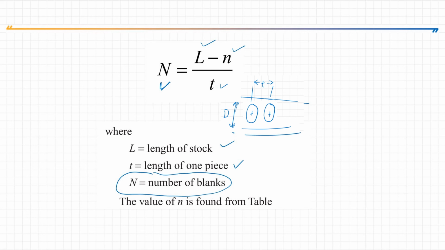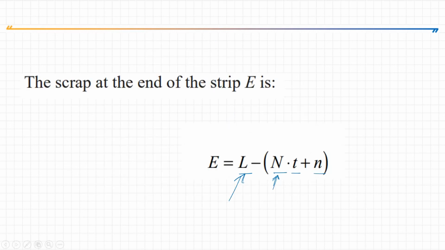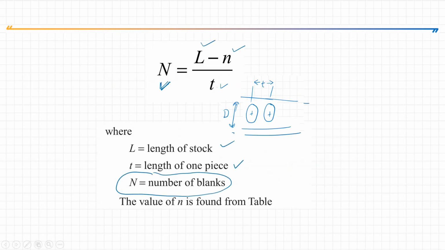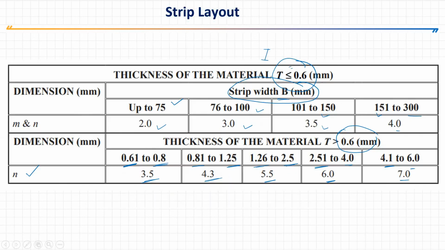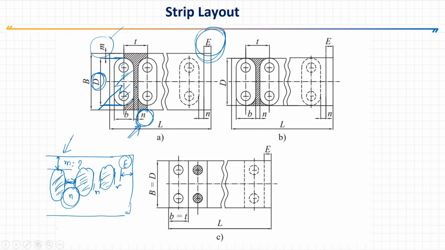Again this small t is also from here. This width or we can say length is in this direction, width will be in this direction, you should not get confused. And the value of n, we can calculate from the table.